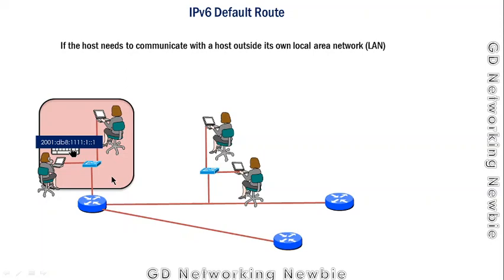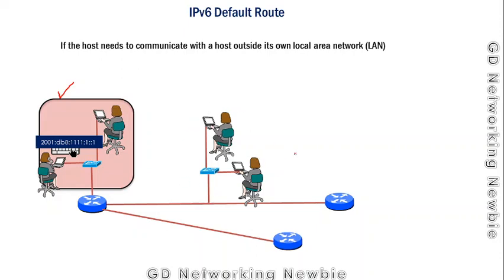But if the host machine wants to communicate with a host that is outside its own local area network, then of course we need a router, because we need to route the packets from one subnet to some other network.